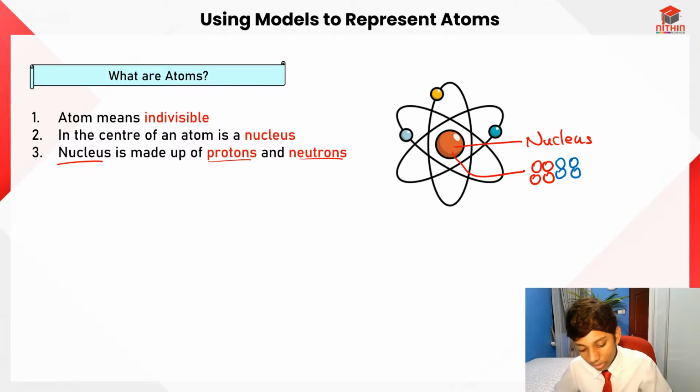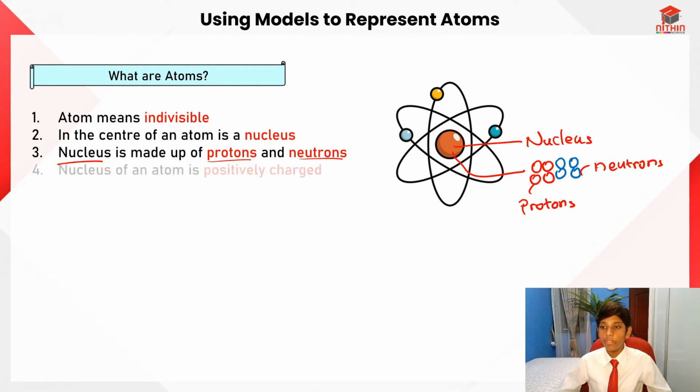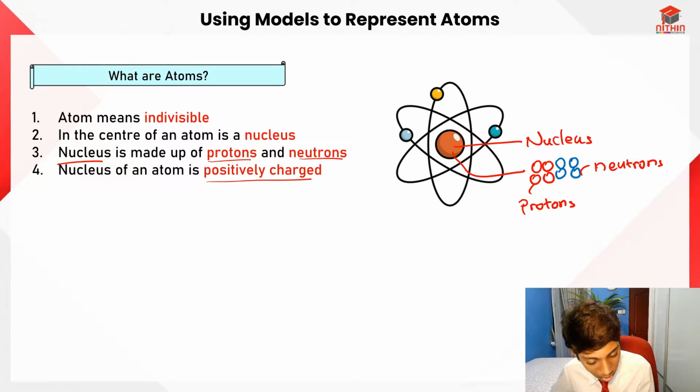So the red color circles are representing protons. So these are protons and these are neutrons. Okay, so moving on. The nucleus of an atom is positively charged. Okay, so positively charged meaning the nucleus is actually +1.